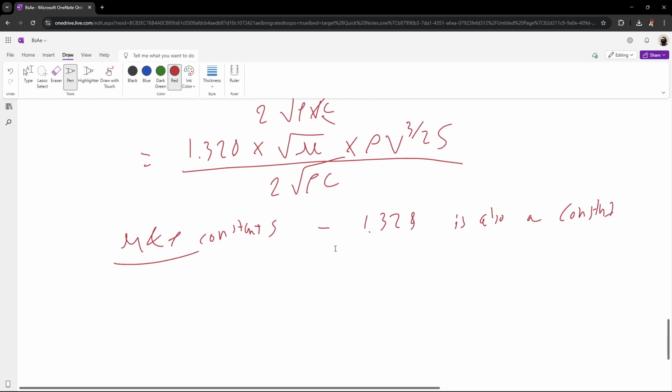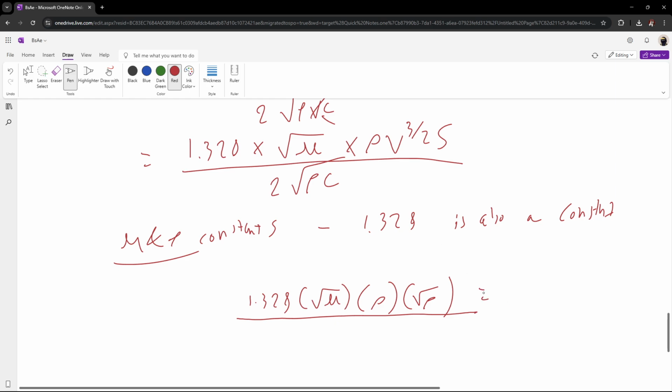So we'll change it to the other side. 1.328, nu, rho. We'll put it outside for now.